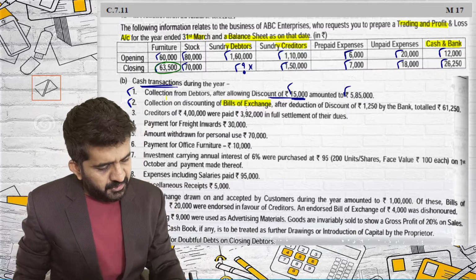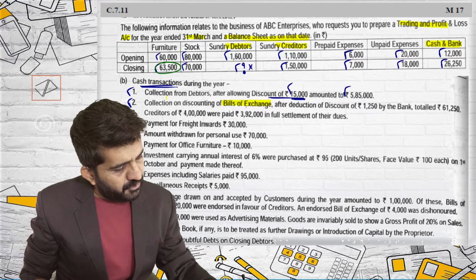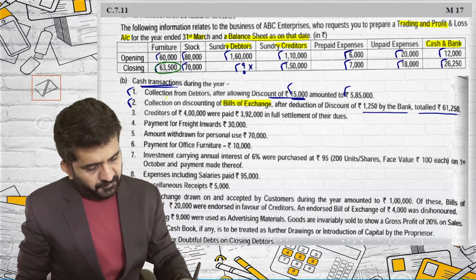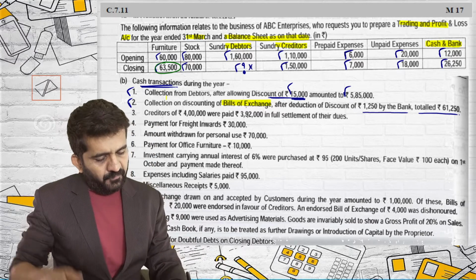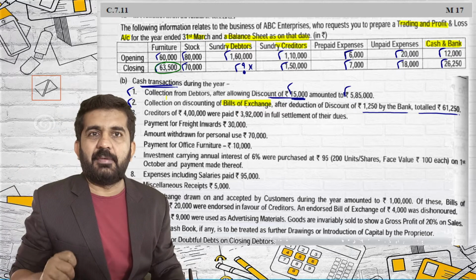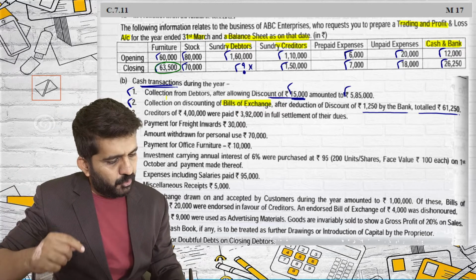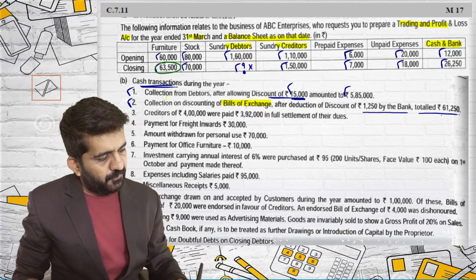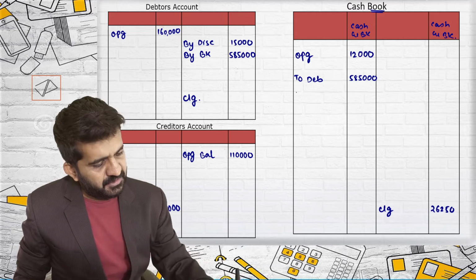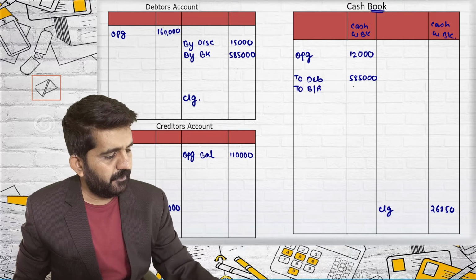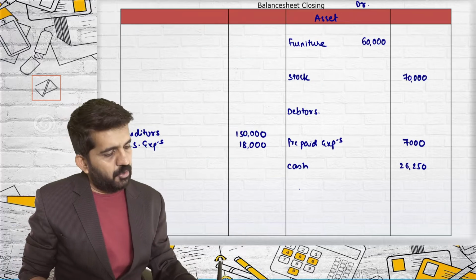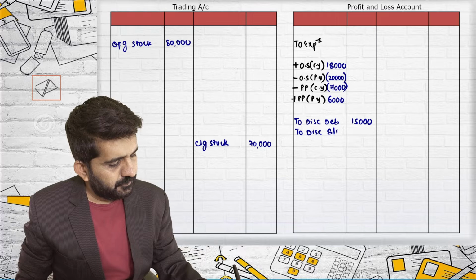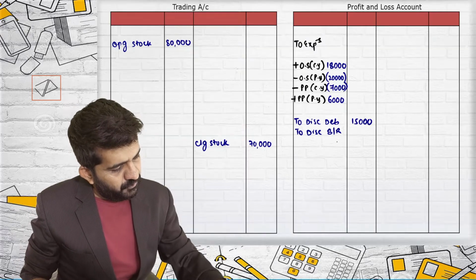Second, collection on discounting of bills of exchange after deduction of discount of 1,250 by the bank, total 61,250. You have discounted the bills of exchange. It will be bank account debit, discount account debit, to bills receivable. Bank account debit will be 61,250. Discount account debit will be P&L account debit side, discount on BR, which is 1,250.